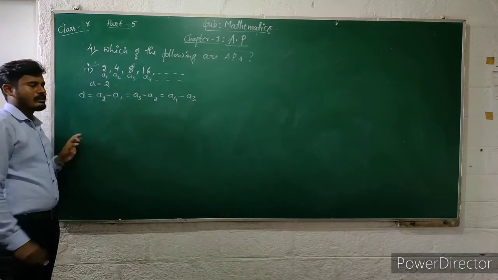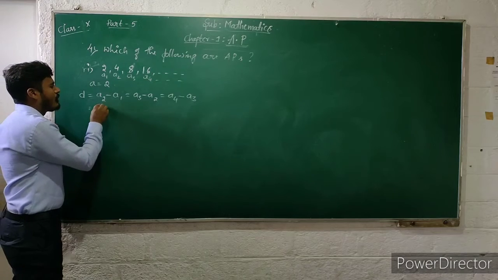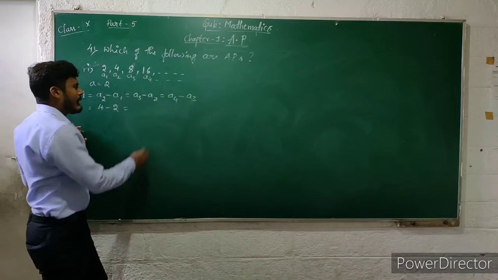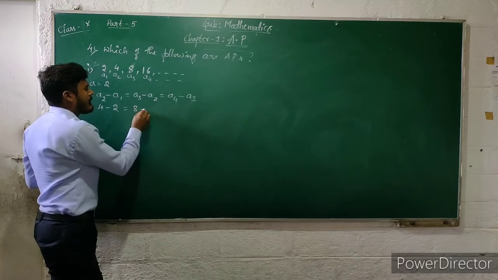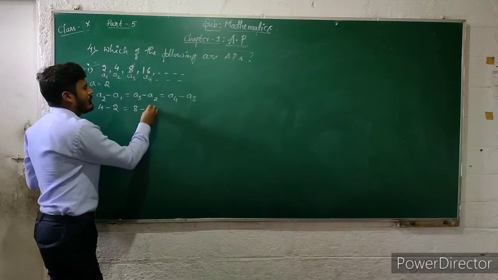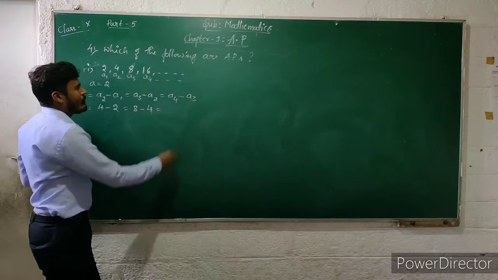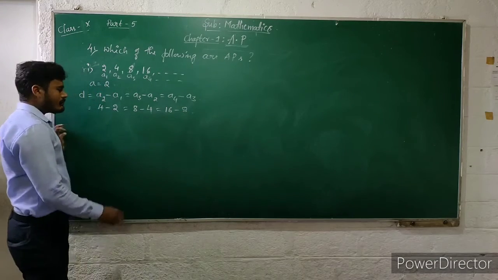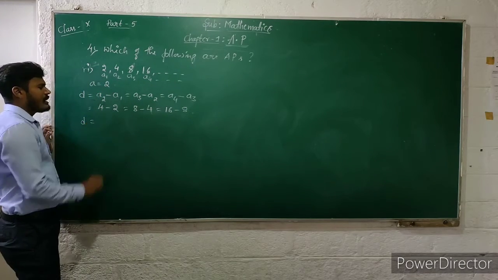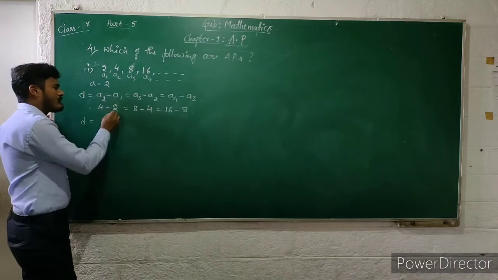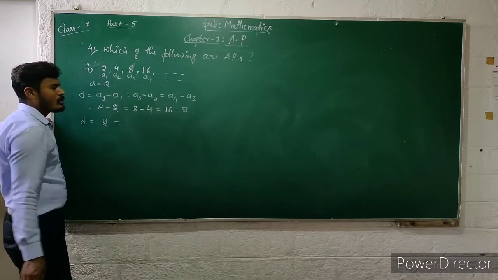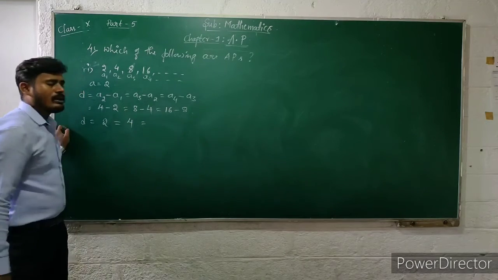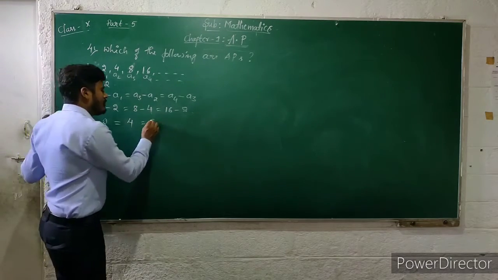So a2 is 4 minus a1 is 2, equal to a3 is 8 minus a2 is 4, equal to a4 is 16 minus a3 is 8. So the differences are 4 minus 2, 8 minus 4, and 16 minus 8.